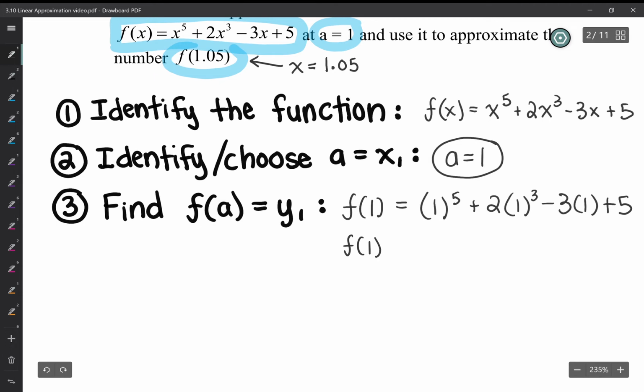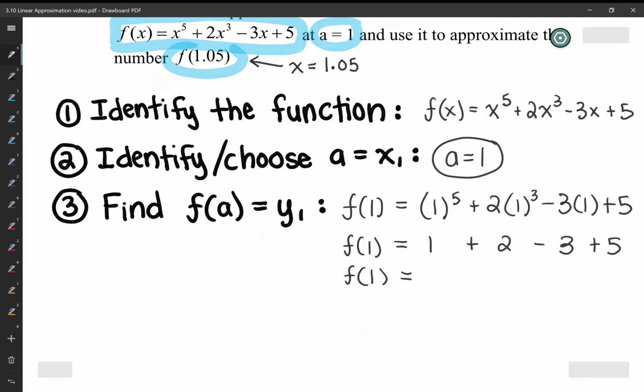So f of 1 is equal to 1 plus 2 minus 3 plus 5. So f of 1 is equal to 1 plus 2 is 3 minus 3 is 0 plus 5 is 5. So f of 1 is 5.